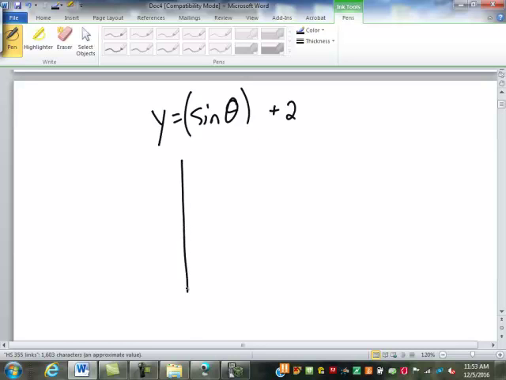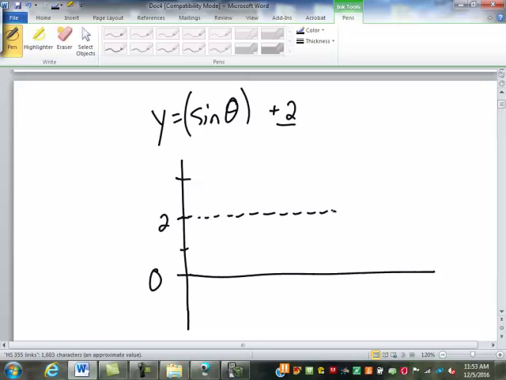All that is doing is instead of centering this curve around 0, it's centering it around +2. So this is 2, so I can draw in my axis there. That's really where the axis of this curve is going to be, whatever that number is, positive or negative. That's the one that's always at the end, outside of the trig function.